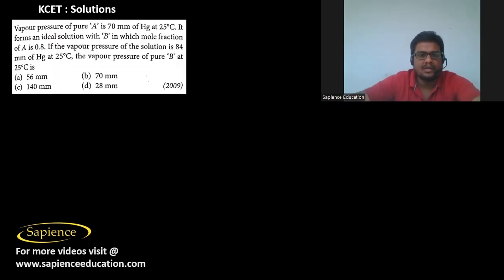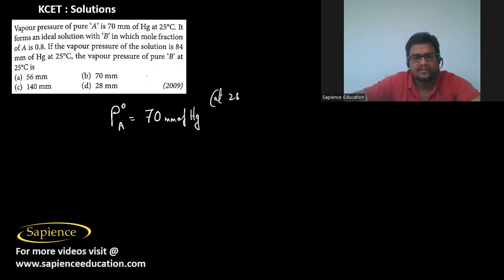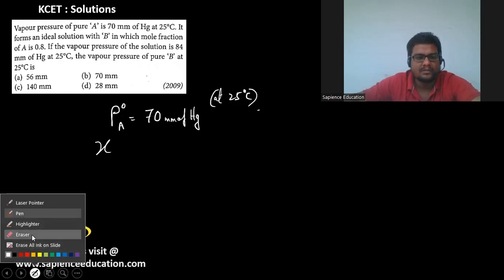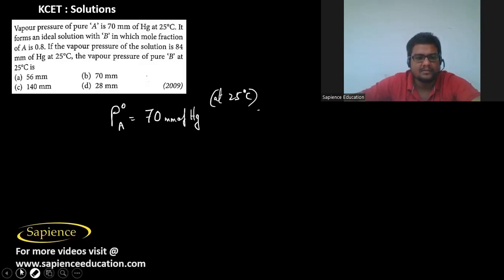Then here it is told the vapor pressure of pure A, P naught A, is equal to 70 millimeter of mercury column at 25 degrees Celsius. It forms an ideal solution with B in which the mole fraction of A, chi A, is 0.8.